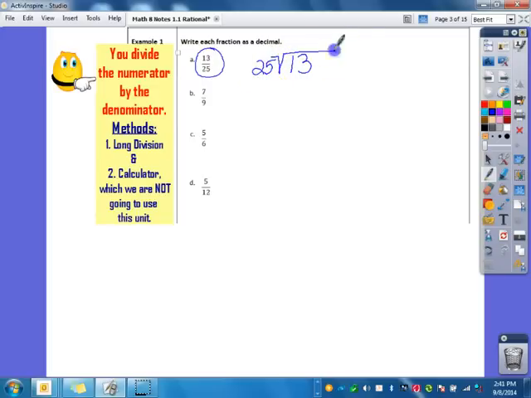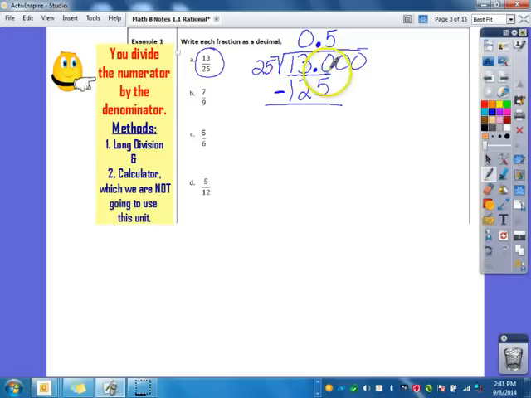Now we all remember long division. Put your decimal and as many zeros as you need. Bring your decimal straight up. Now 25 doesn't go into 13, but it does go into 130. It goes into 13 0 times, but it goes into 130 how many times without going over? That would be 5 times. 5 times 25 is 125.